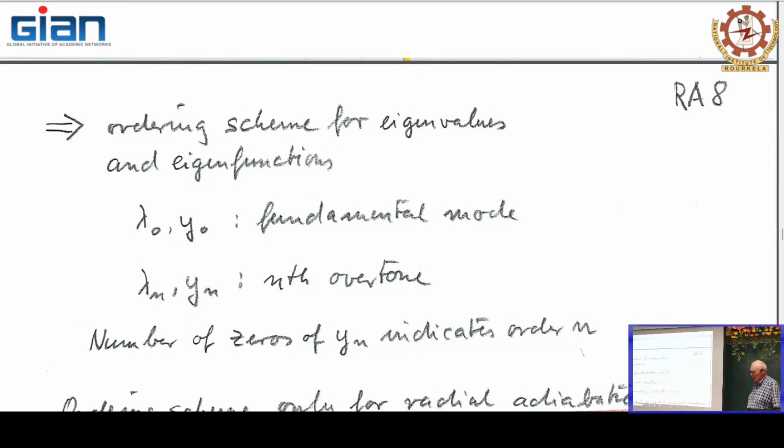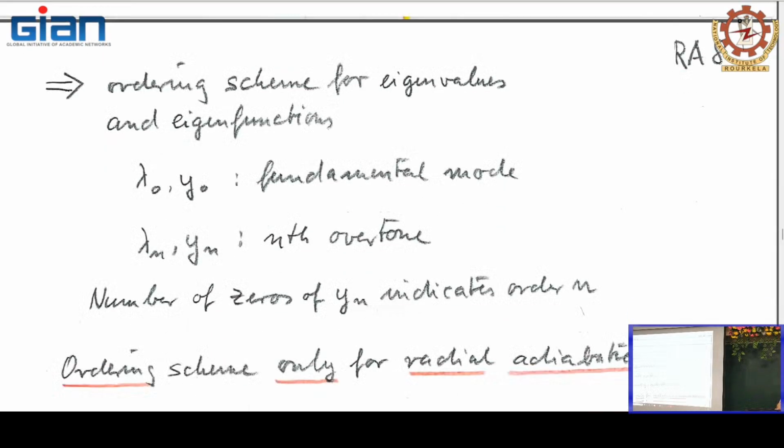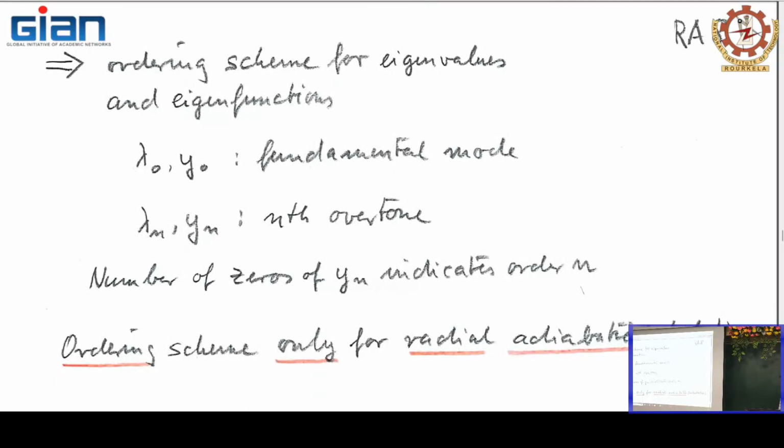Keep in mind this ordering scheme is valid only for radial adiabatic perturbations. It doesn't exist for non-radial adiabatic, non-adiabatic, or any other system. Despite this fact, people classify modes according to that scheme.